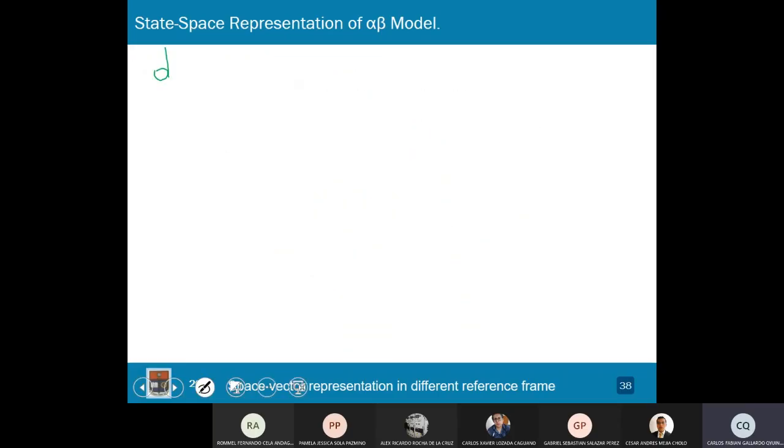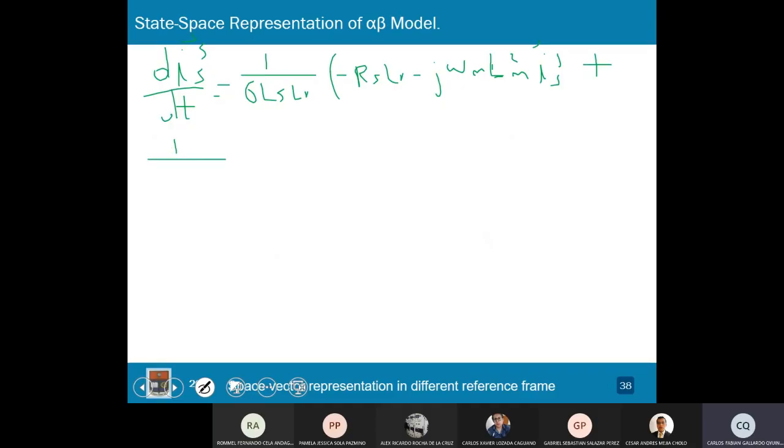Solving this 2 by 2 equation, I will get the derivative of the stator current space vector equal to 1 over the stator inductance times the rotor inductance, times the stator resistance times the rotor inductance, minus the speed times the magnetizing inductance, times the stator current space vector, plus 1 over the stator inductance times the rotor inductance, times the rotor resistance times the magnetizing inductance minus J speed.